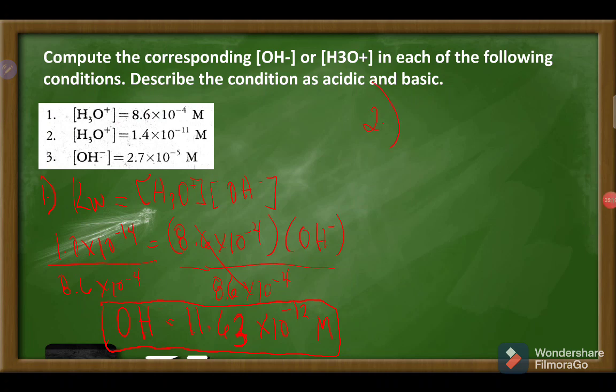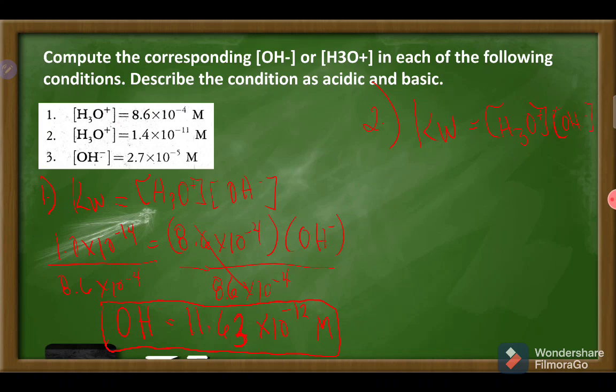So since we have the given hydronium ion concentration of 1.4 times 10 raised to negative 11, following again the solution, we have Kw is equal to the hydronium times the hydroxide ion.